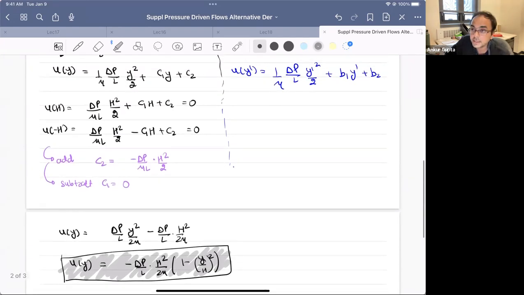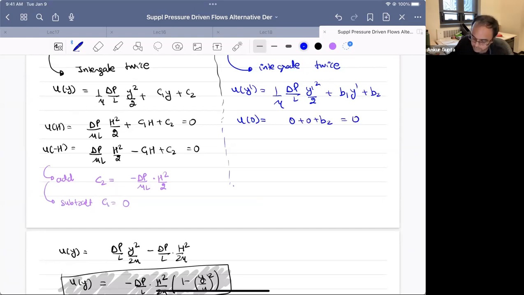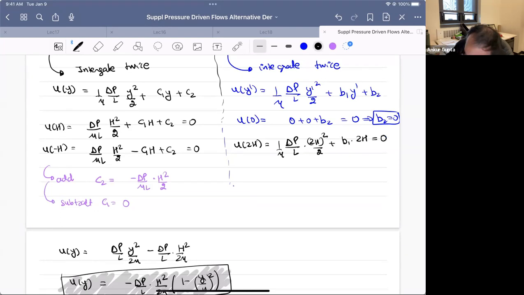Now I need to do the other side of it, which is u of y prime. So I will go u of 0. So u of 0 is equal to 0 plus 0 plus b2, and so that is equal to 0. So this implies b2 is equal to 0. Okay. And now u of 2h is delta p by L, 1 by mu, 2h whole square by 2 plus b1 into 2h, equal to 0.